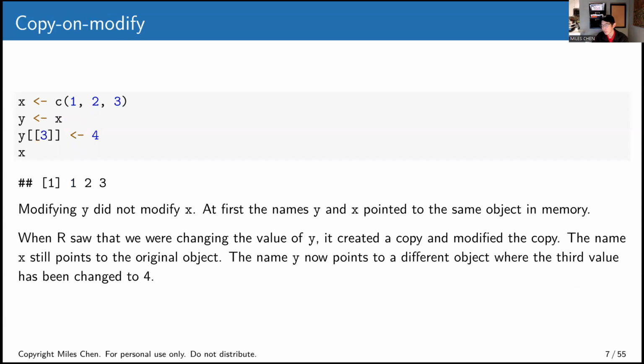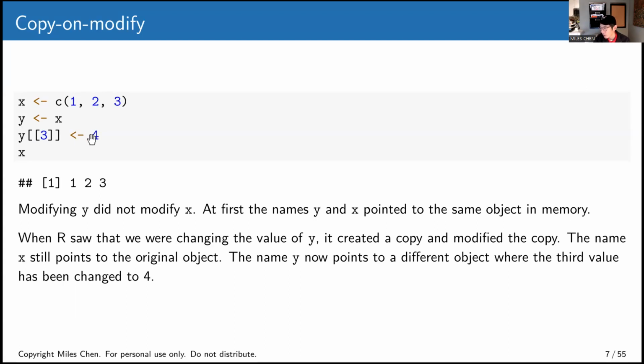What R does is that if you modify an object, then R creates a copy. R does this thing called copy on modify. So here, we've created this object that contains the values 1, 2, 3, and we bind the name X to that object. And then Y points to the same object in memory. And then here, I say, change the third value in Y to the number 4.